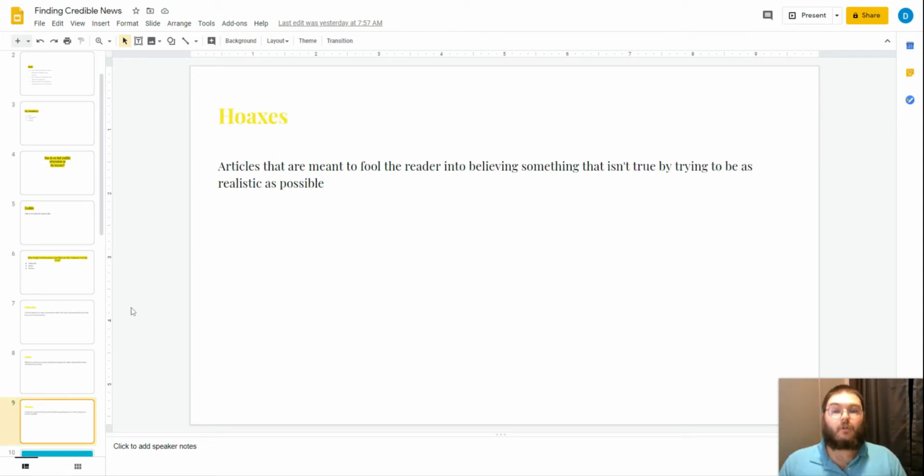And the final one we'll look at are hoaxes, which are articles or news of some sort that are trying to trick you. They are giving you false information and making it look as real as possible so that you believe them instead of someone else.